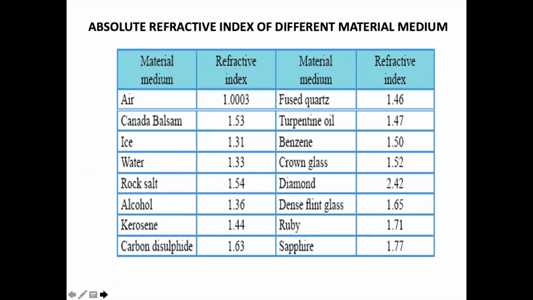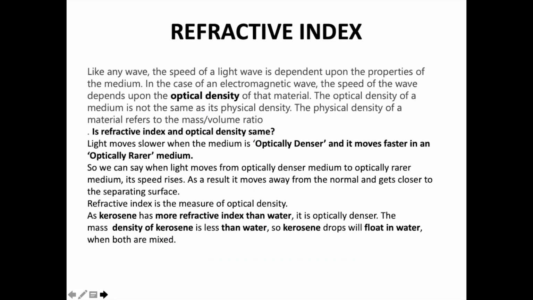So this is refractive index. The refractive index has got nothing to do with the density. They have confused the question for you. Don't confuse yourself with refractive index and density. Because the density of kerosene is less, it is going to float on water. But refractive index is a totally different topic.